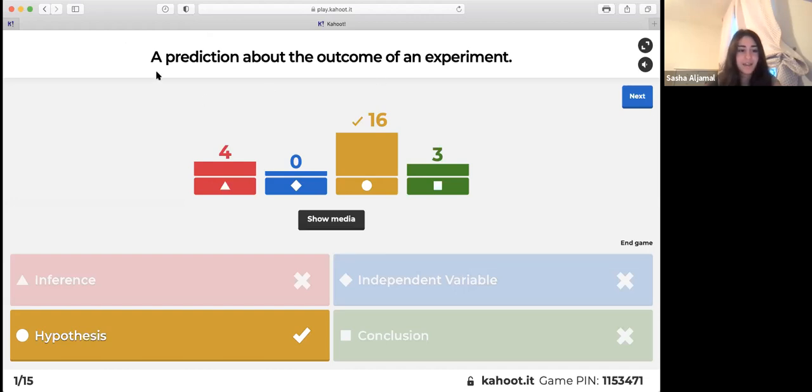Sorry if the fan is really on. And an inference is basically a guess about anything with evidence. Say, oh, I think that this plant is going to grow because the other plants did. So it's a guess with evidence. Next one.